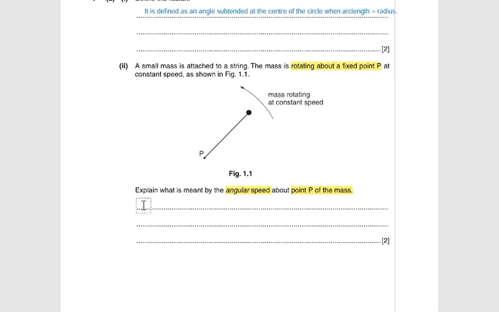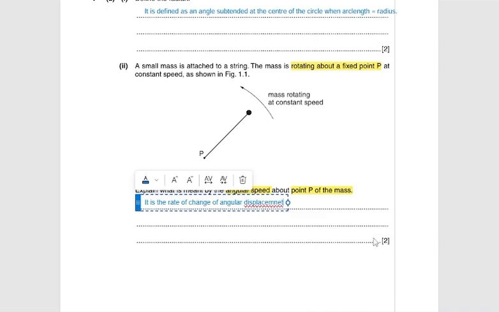If I were to just simply write the definition I've learned for angular speed, that is, it is the rate of change of angular displacement. If I were to just write this, I will get 1 mark.